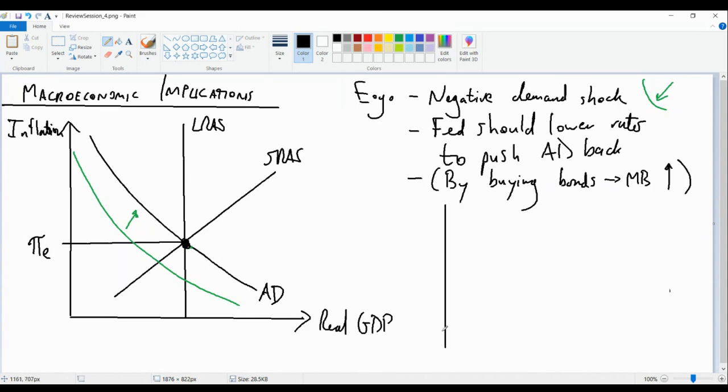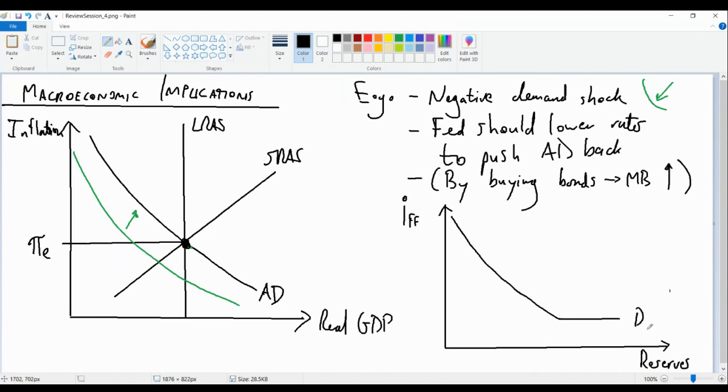Actually, if they give cash to the banks, that's still reserves, right? At the bank. So here we have reserves in bazillions of dollars. Here we have the demand for reserves. And here we have the supply.